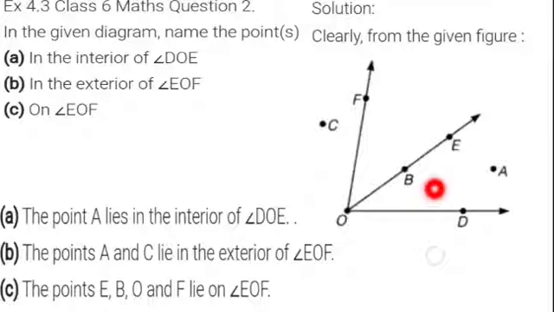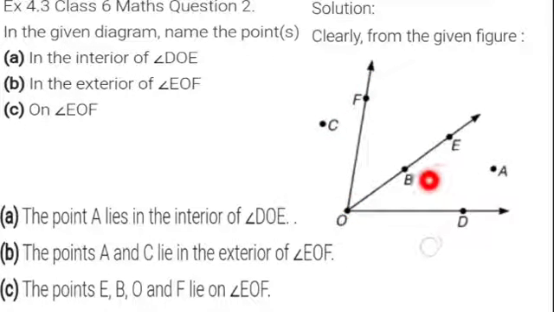See, the points which are there on both the rays are called the points on the angle. And inside this, if you find any point, then that point is called an interior point, that is, a point inside the angle. And outside, you get it this way.